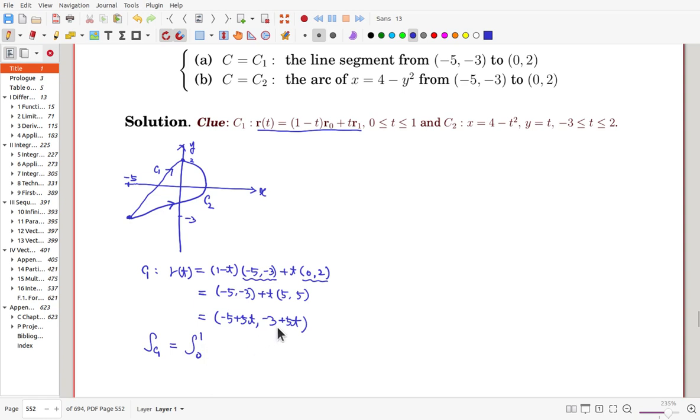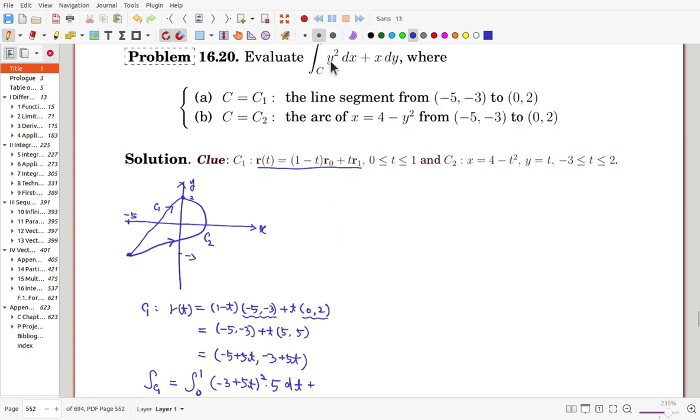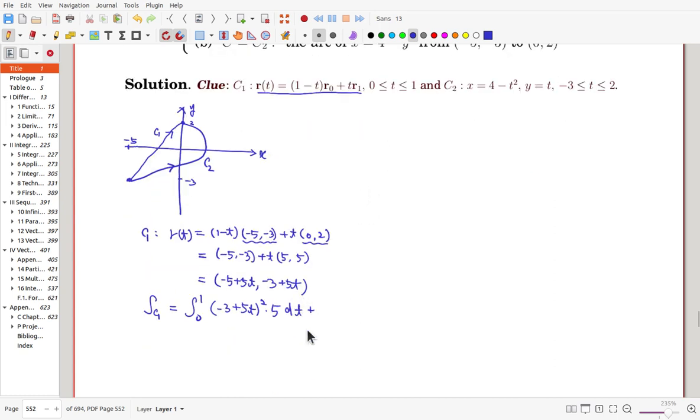Y is this one, so (minus 3 plus 5t) squared, and x prime is 5, and dt, plus now x dy: x is minus 5 plus 5t, and y prime is again 5, and dt.